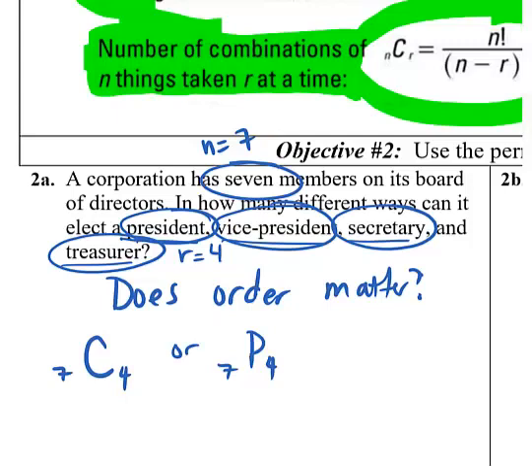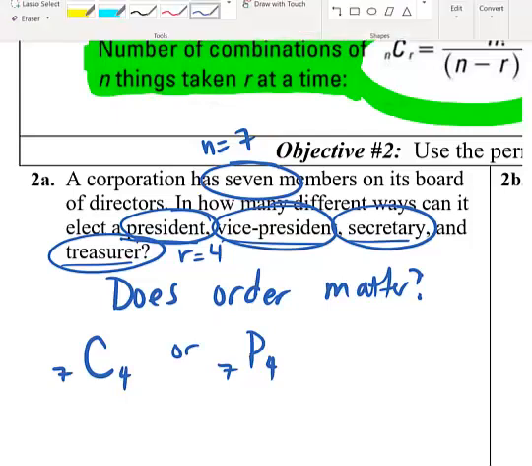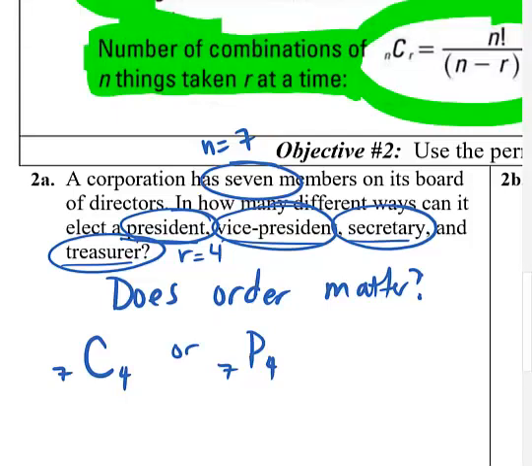Do you think if I chose those 4 people, the order that I choose them in would matter? Well, in this case, I'd say yes, it does, because if I choose them in one order and then mix them up and choose them in a different order, they're going to have different jobs. Because if I choose, let's say, Joe for president, and then Jimmy, I'm making these names up, for vice president, and then Sally, and then, how about Jill?